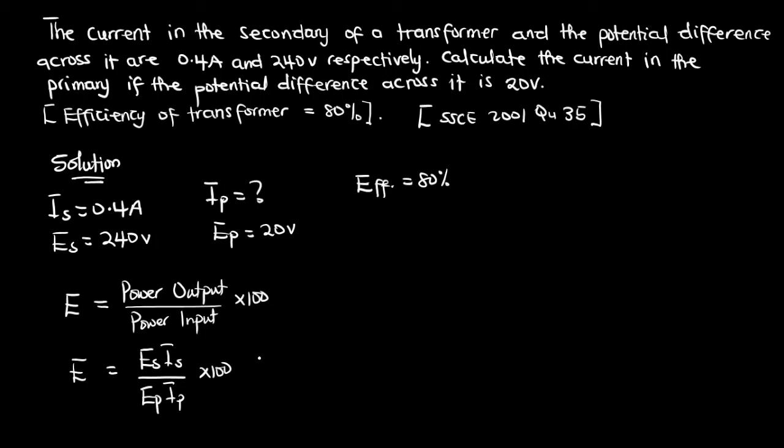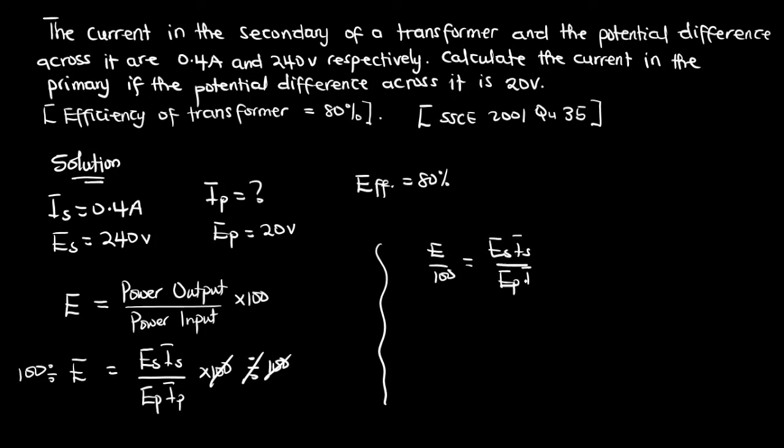So if I want to use 80%, it means that this is already in percentage, so I can get rid of the 100. I'll divide both sides by 100, so this cancels this over here. So basically my efficiency over 100 is equal to ES IS over EP IP.